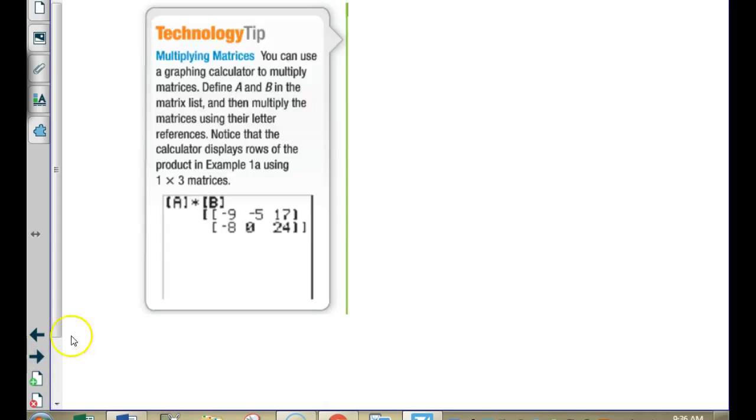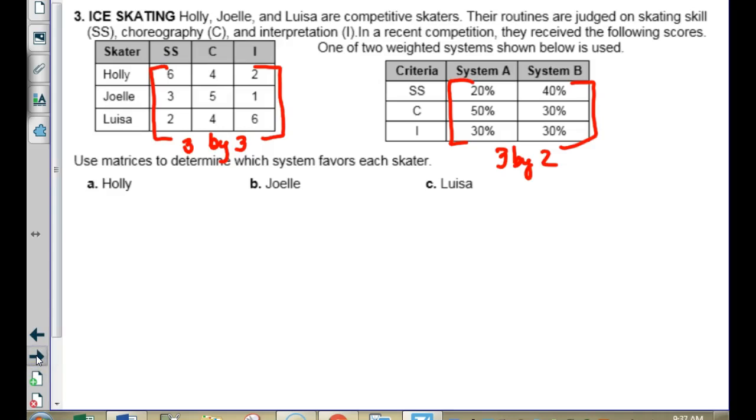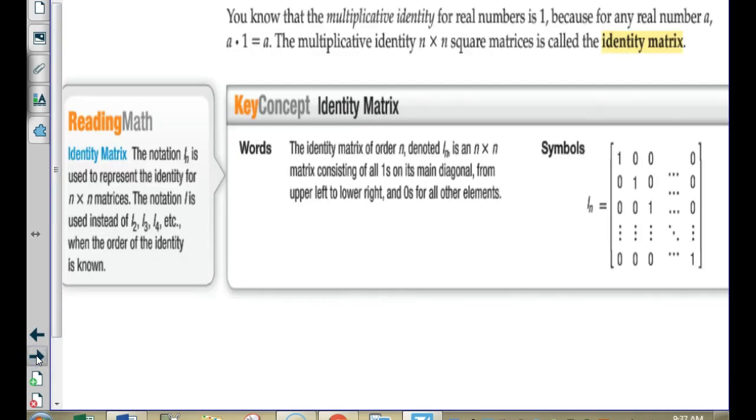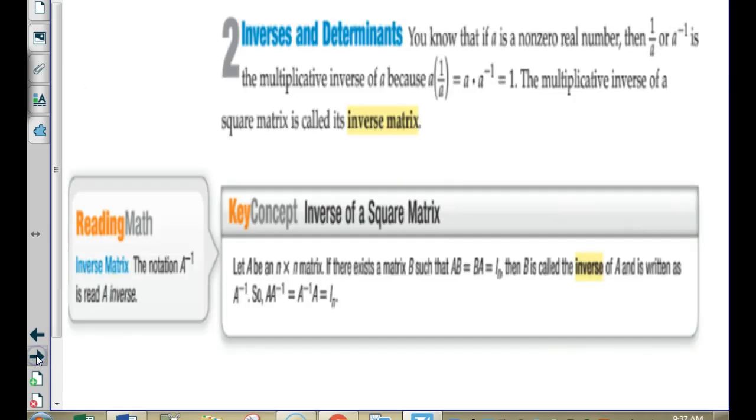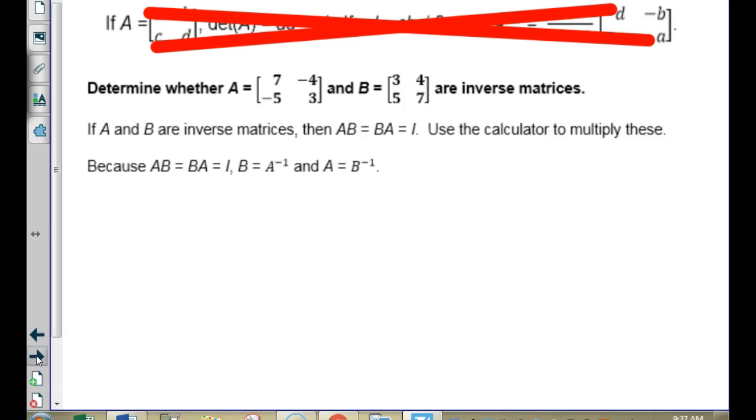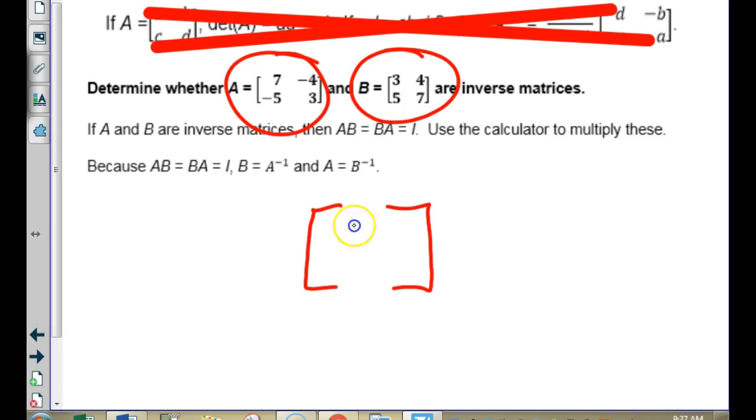All right. When you multiply matrices together, sometimes you will get what is called an identity matrix, which will look just like this. If we multiplied this matrix times this matrix and we got this, it's called an identity matrix.